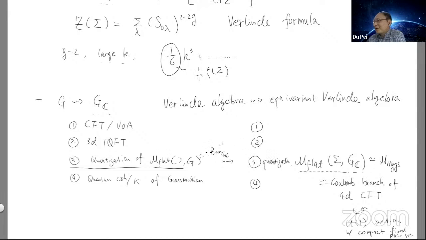And it also has an interpretation in terms of three-dimensional TQFT. So here, for the Verlinde algebra, the TQFT is Chern-Simons theory with gauge group G. And for the equivariant Verlinde algebra, it's related to three-dimensional Chern-Simons theory with non-compact gauge group G_C. But how about the interpretation of this at the level of CFT and VOA?